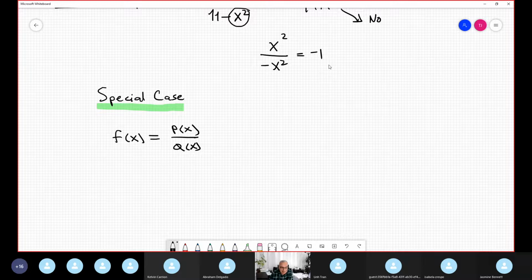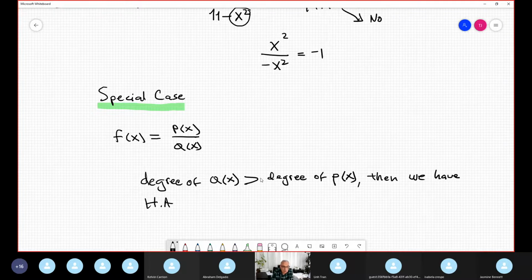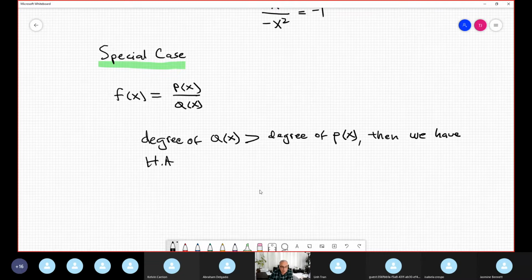Suppose that the degree of Q is bigger than the degree of P. In this case, we also have a horizontal asymptote, but this is special. This is at y equals 0.